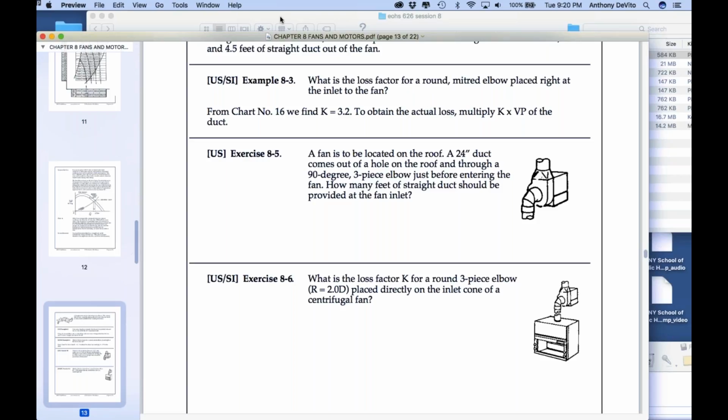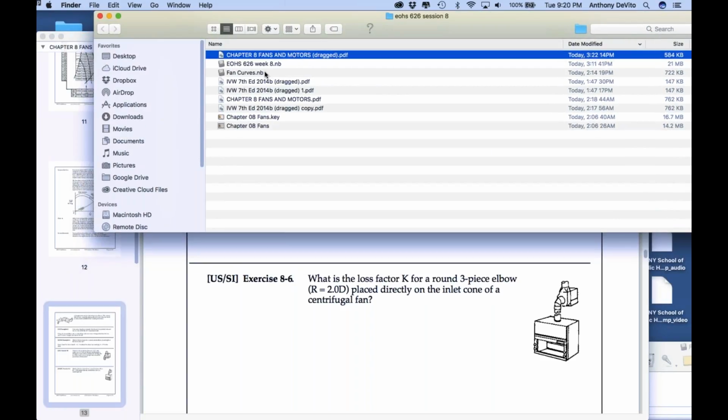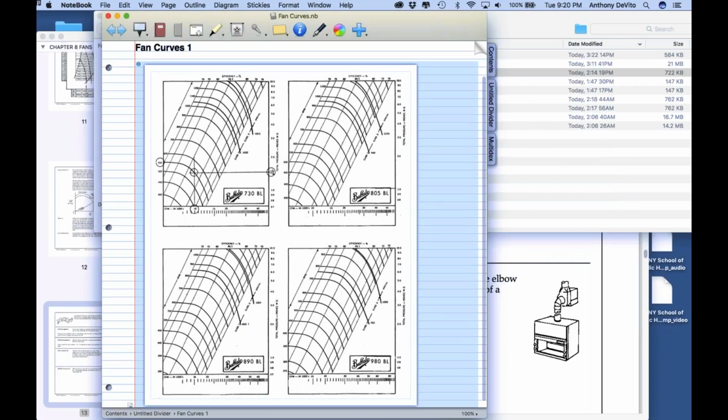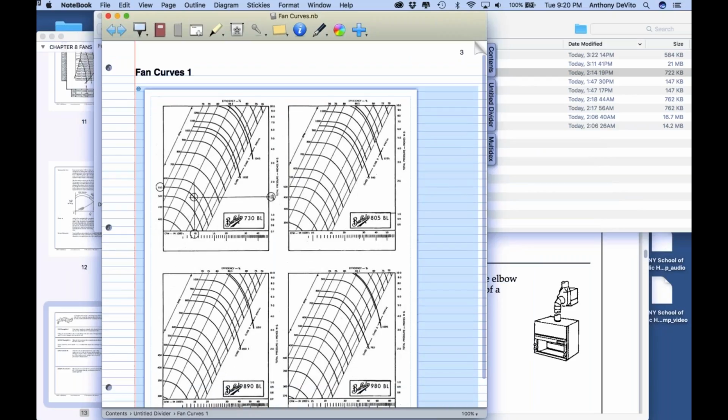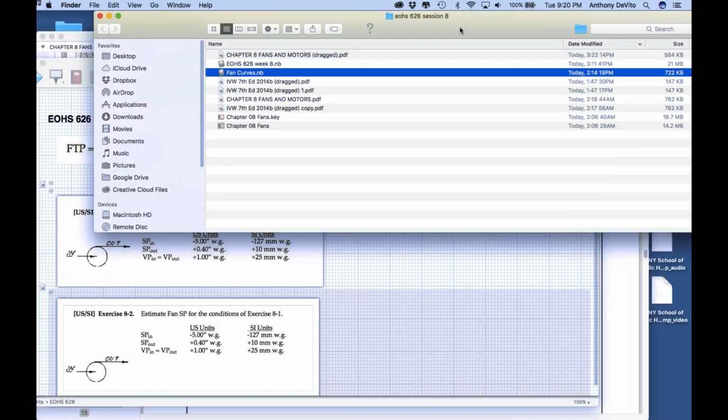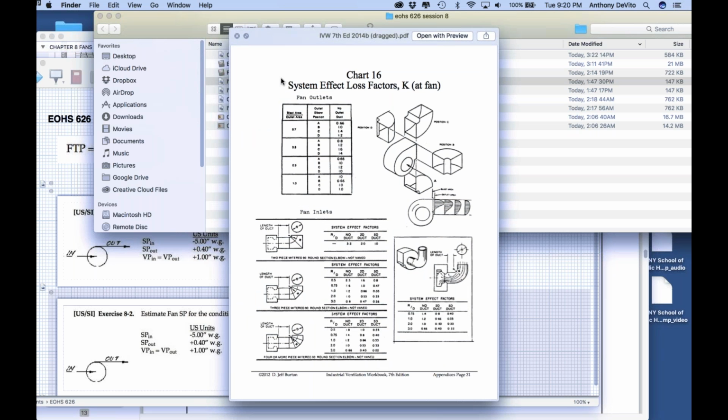Okay, and if I go to this chart, fan curves. Mitered is like a right angle. Okay, right. Exactly. Where is this? There it is.